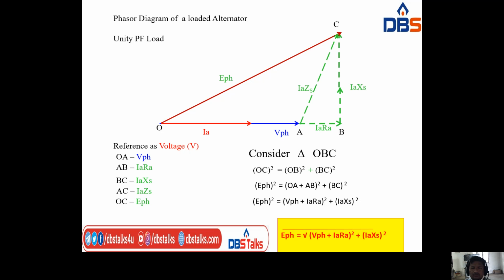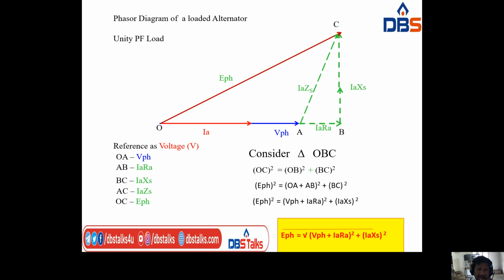In the triangle OBC, OC square is equal to OB square plus BC square. But what about OB? OB is equal to OA plus AB. So (OA plus AB) square plus BC square. What is OA? V phase. What is AB? AB is nothing but IARA cos phi.